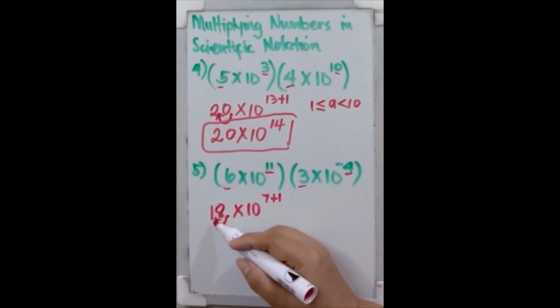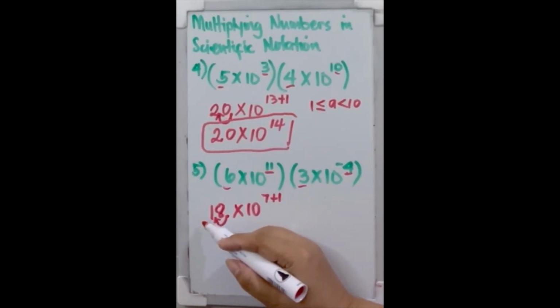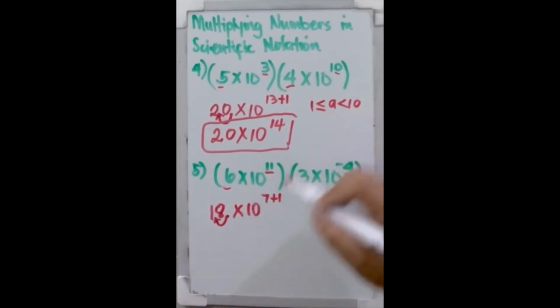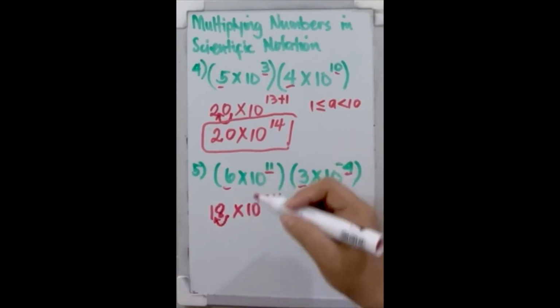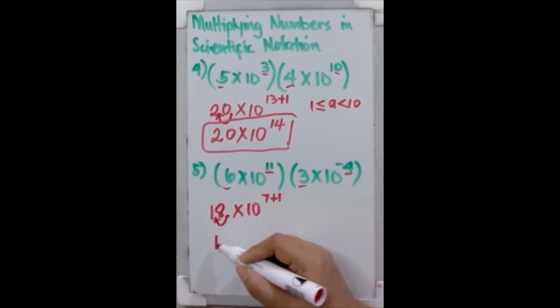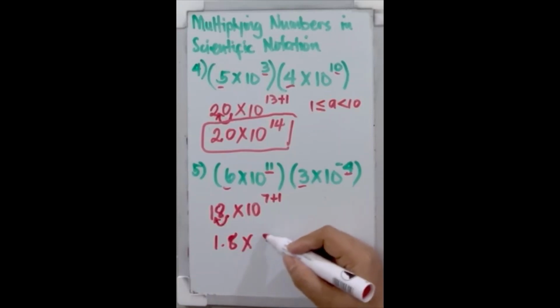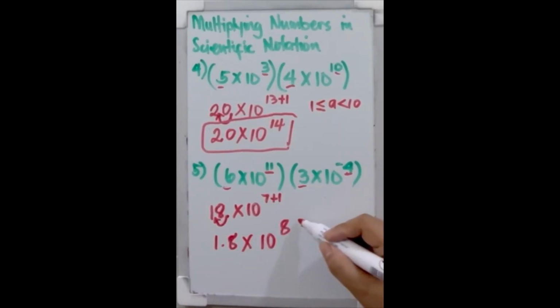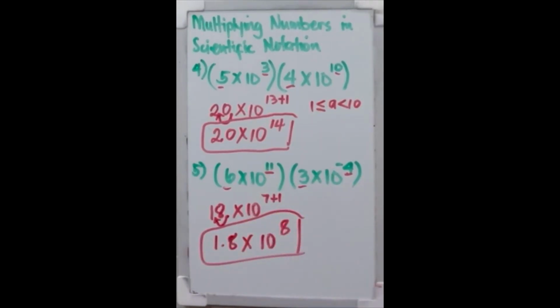We cannot move further to the left because this will make it 0.18, and that would be less than 1. So 1.8 is already enough. That will already conform to the rule. So we have here 1.8 times 10 raised to the power of 7 plus 1. This is 8. So this is now the final answer.